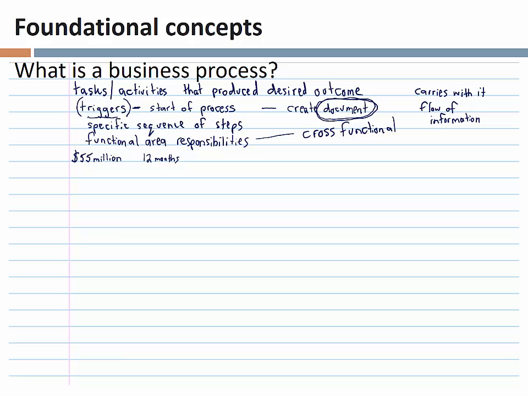I don't. I know that the jumbo jet is going to cost me $55 million, but that $55 million is going to be spread out over a 12-month period. Now, what will happen over time is costs will be accumulated.